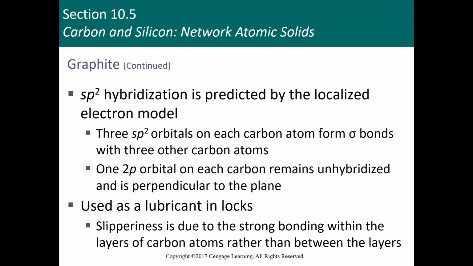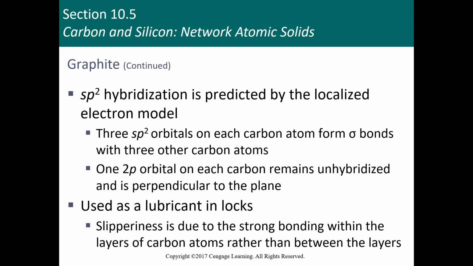This graphite has sp2 hybridization, as predicted by the localized electron model. 3 sp2 orbitals on each carbon are going to form localized bonds. These are the sigma bonds, single bonds that you're used to, with 3 other carbon atoms. 1 p orbital on each of the carbon atoms will remain unhybridized and is going to be perpendicular to the plane.